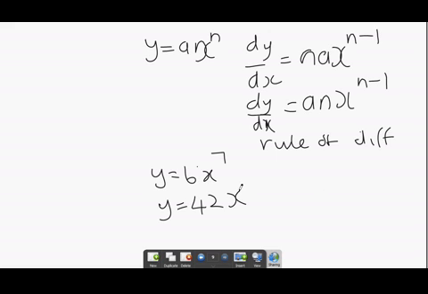So 7 minus 1 is what? 6. So now that is how we differentiate a function using the rule. Okay, so that is a very simple way of doing things, and I hope you remember how to differentiate using the rule. There is a bit more to be done in the next video, whereby you don't just use the rule, you apply the rule through different stages.